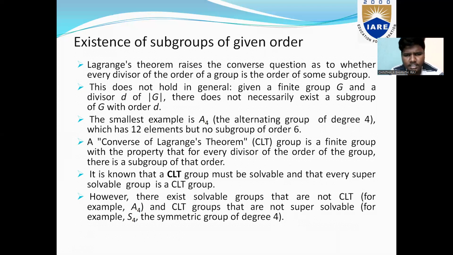The smallest example is A4, the alternating group of degree 4, which has 12 elements but no subgroup of order 6. A converse Lagrange theorem group, or CLT group, is a finite group with the property that for every divisor of the order of the group, there is a subgroup of that order. It is known that a CLT group must be soluble, and that every supersoluble group is a CLT group.